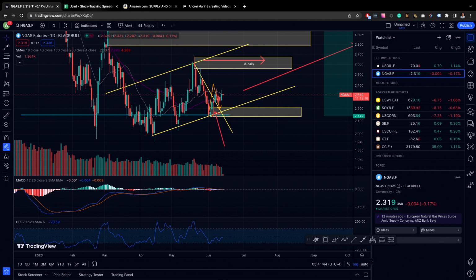Supply and demand works fantastically for things that don't necessarily have an intrinsic value associated with them. So for instance, with stocks you have the ability to run DCFs and figure out what the intrinsic value of that stock is based on their fundamentals, based on how much money they have, liabilities and assets and so on and so forth. For things like commodities, Bitcoin, cryptocurrencies, Forex, there's not that fundamental value of the underlying.